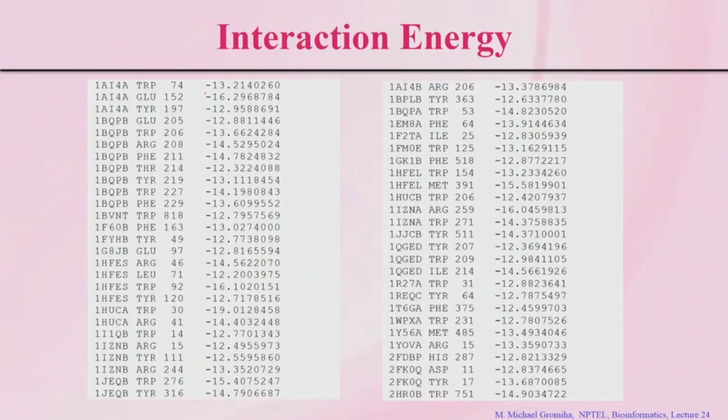This is an example. For example, the 1AI4A tryptophan 74 has minus 13.2 kilocalorie per mole. Like this phenylalanine 211, it has 14.78 kilocalorie per mole. Fine. So, now from these energy values you can see which residues have high preference to interact with the partner.